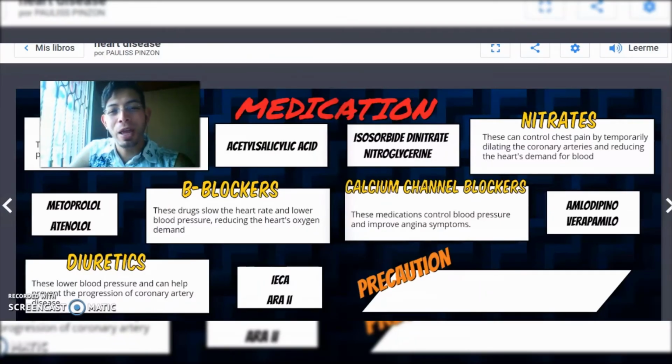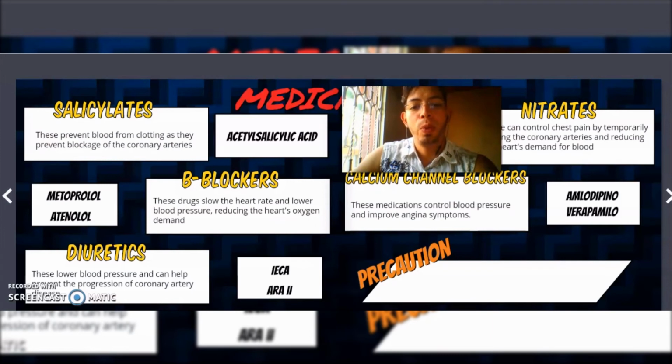Thanks, Paula. To continue with the topic, I will talk to you about medication for heart disease. We will start with salicylates. They prevent blood clotting. They prevent blockage of the coronary arteries, such as acetylsalicylic acid.